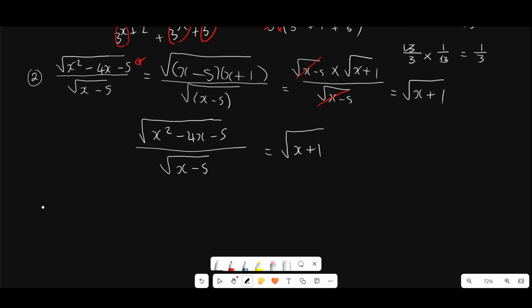Now let us note something. We look at the denominator, and we notice that x minus 5 should be greater than 0, so x should be a number greater than 5, right? X should be a number greater than 5. Okay, that makes sense.